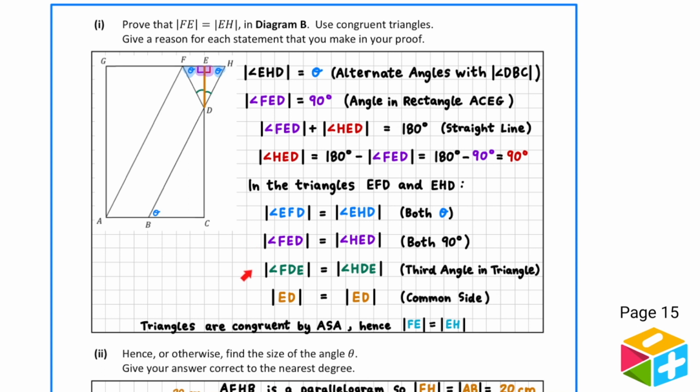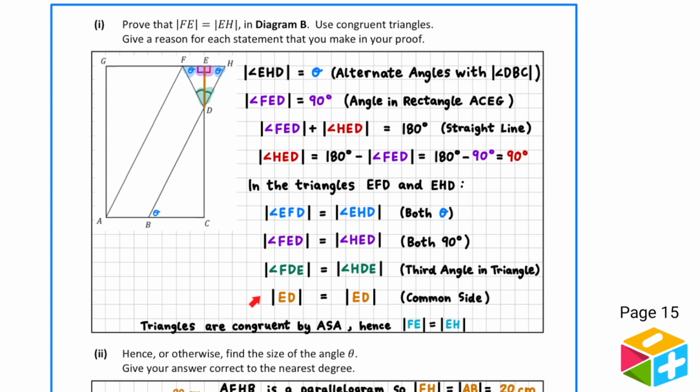Since the three angles in a triangle always add up to 180 degrees, once you know two angles are equal, it must be the case that the third angle is equal. It follows that the angle FDE is equal to the angle HDE.